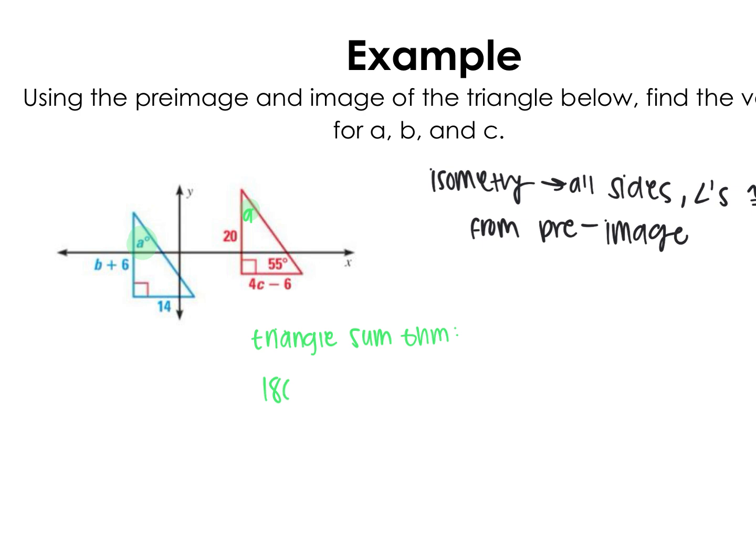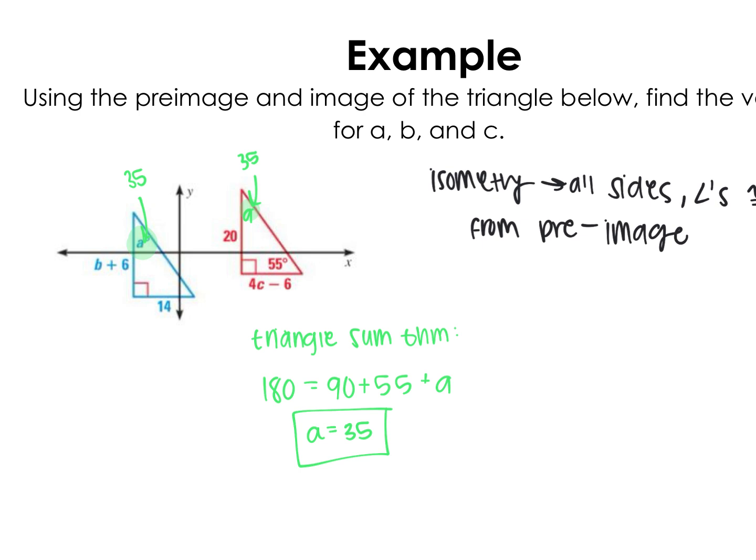Or in other words, 180 is equal to 90 plus 55 plus A. This just becomes some solving here where we want to subtract over the 90 and the 55. So we find that A is equal to 35. A is 35, and this A is also 35. They're going to be the same. Okay, we got our angle. Let's go ahead and keep solving.